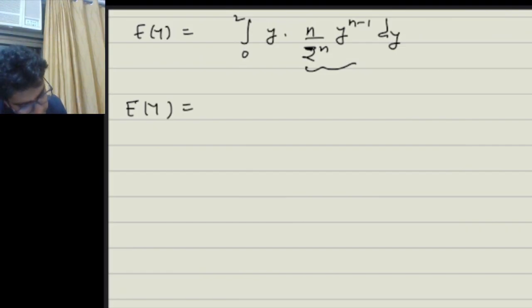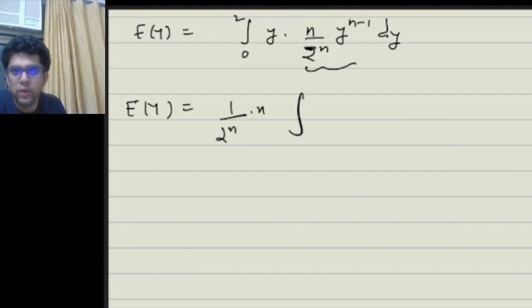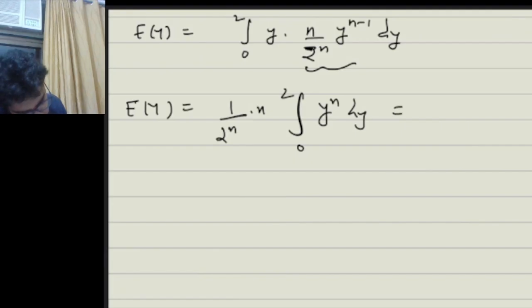so expected value of y turns out to be equal to, now 2 to the power n and n both are constant, so I'll just take that out. 0 to 2 y to the power n dy. This gives me 1 upon 2 to the power n into n, y to the power n plus 1 upon n plus 1 from 0 to 2.